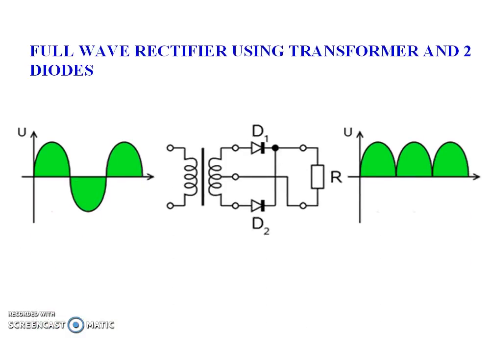So what is actually happening here is, when a positive half cycle comes, the first diode D1 conducts, whereas D2 is reverse biased. So D1 conducts, and we are getting that positive cycle in the output, whereas during the negative half cycle, D1 is reverse biased and D2 is forward biased.